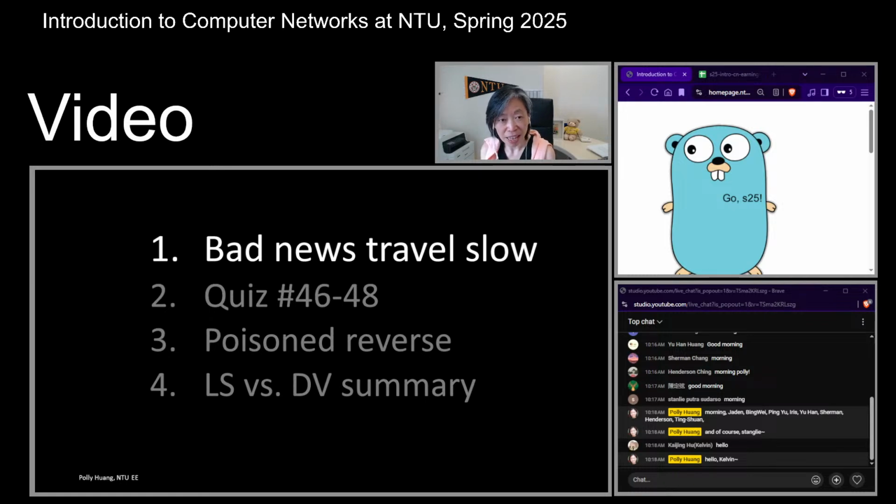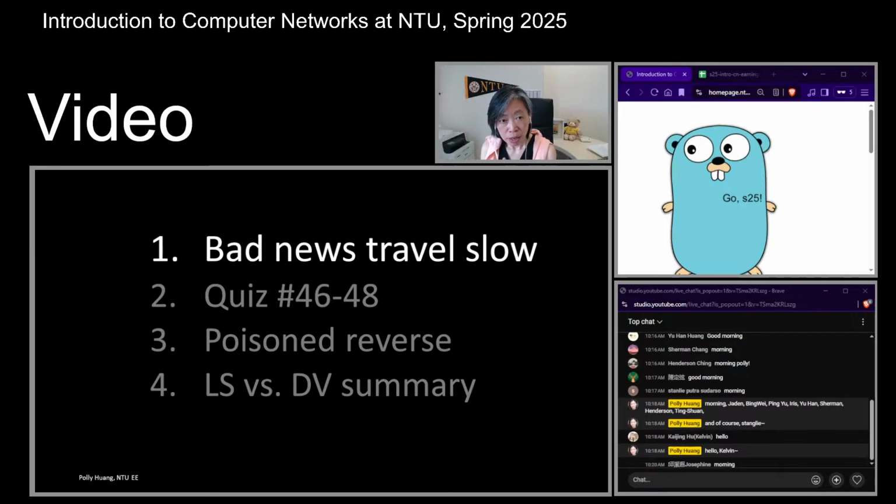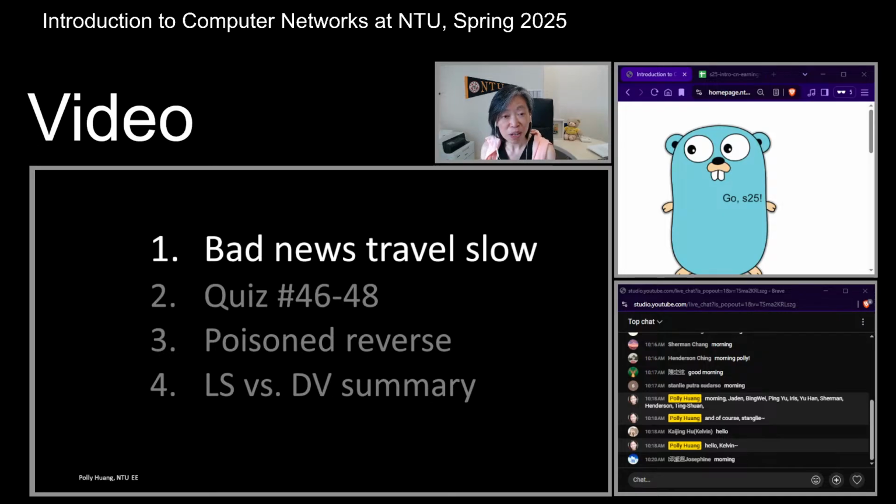And we summarize link state versus distance vector, the two routing principles. That is the first hour today. In the second hour, we'll begin to introduce the real internet protocols that run based on these two principles, either link state or distance vector routing.